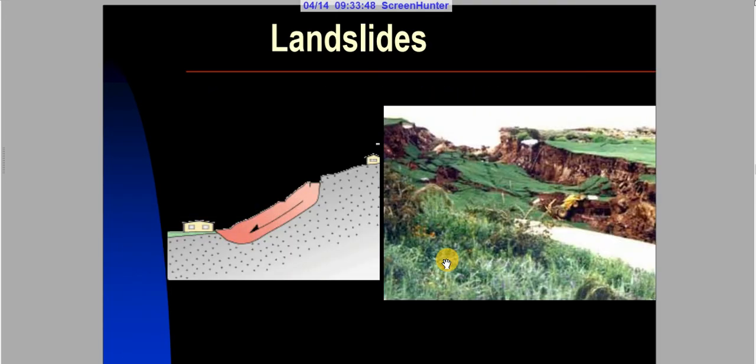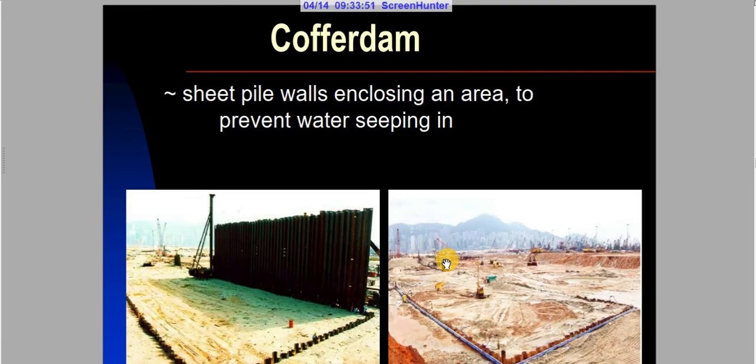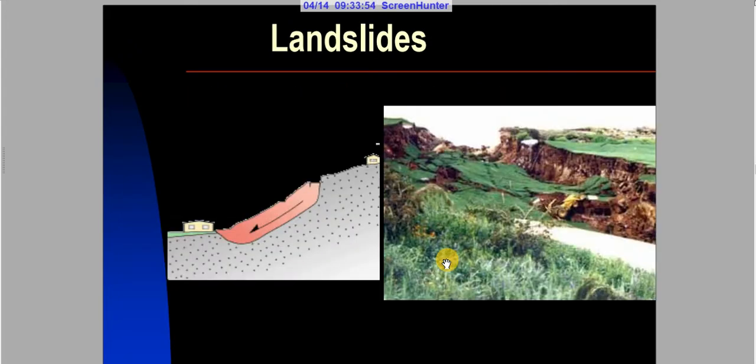Well, let us look at some applications to our own environment.